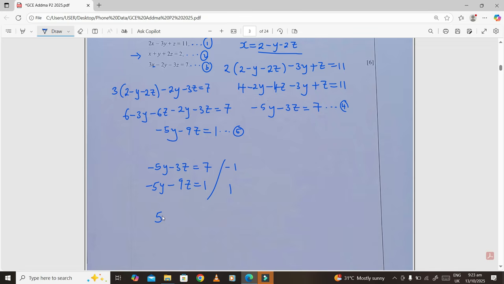So this will be 5y plus 3z is equal to negative 7, okay? When we multiply negative 1 by negative 5y, it's positive 5y. Negative 1 by negative 3z gives positive 3z. This is what we get, and for this we get this. We come to this one, we're getting a negative 5y minus 9z is equal to 1.